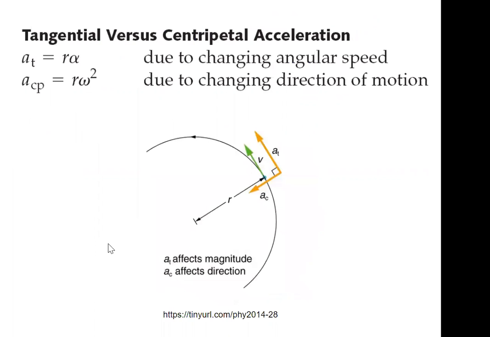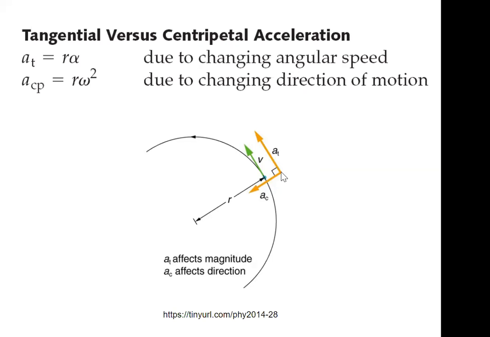For an object having rotational motion, it has acceleration in the tangential direction and also centripetal acceleration, in the case that the speed is changing. If the speed is not changing, then the tangential acceleration is equal to 0, and you only have acceleration in the centripetal direction.